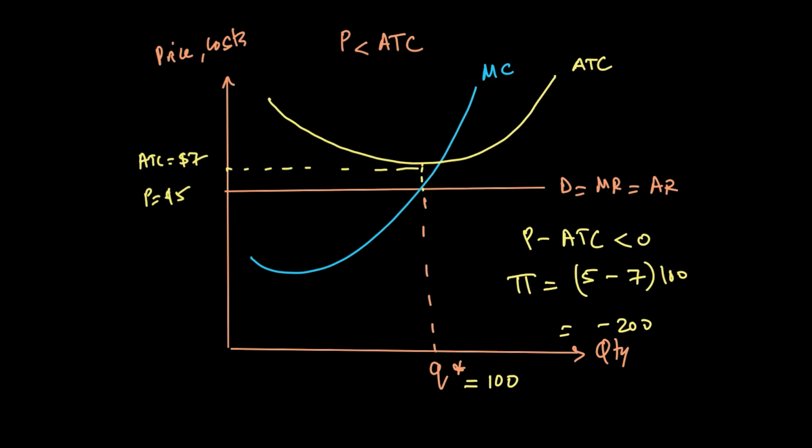This region here, the rectangle formed between ATC and price, suggests the amount of my economic loss, which is equal to minus $200. So a firm, when price is less than ATC, despite MC equals MR, can be making an economic loss, just like the situations of supernormal profit and normal profit.